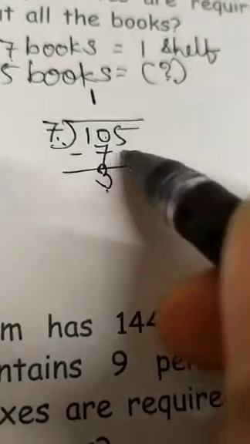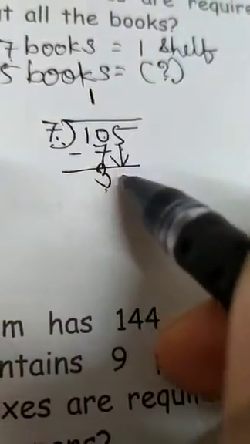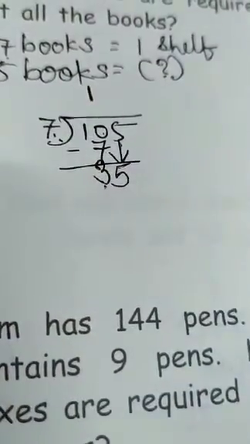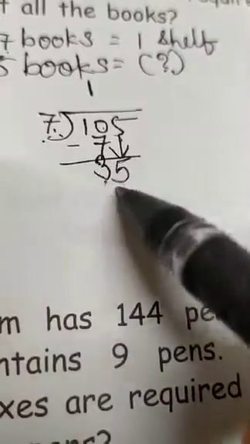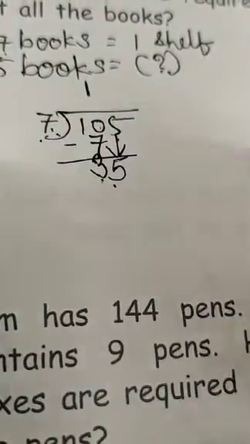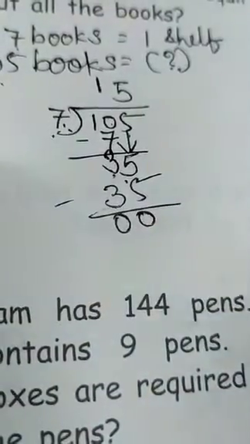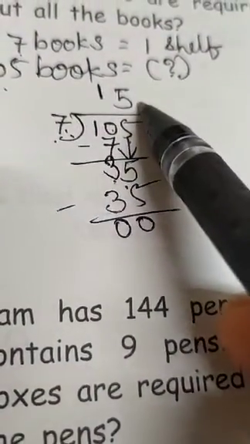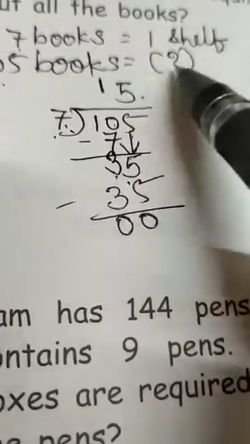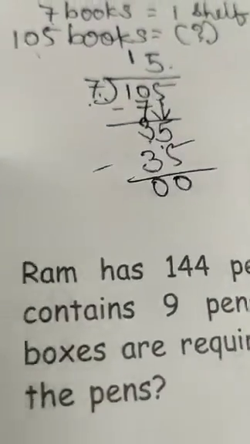Now see this number, that is 5. So take that 5 downside. See, in table of 7, 35 is there. Yes. 7 5s are 35. So 5 minus 5, 0. 3 minus 3, 0. So how many shelves you required? 15.